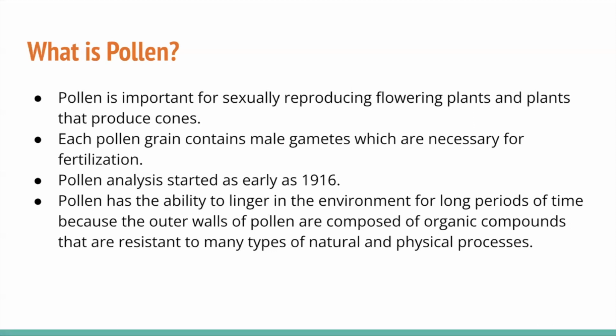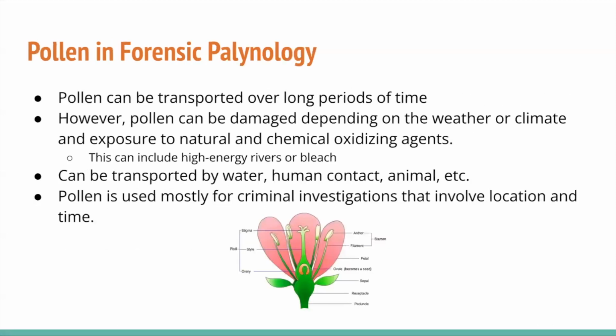So the outer walls of pollen are composed of organic compounds that are extremely resistant to many types of natural and physical processes. And this explains their ability to linger in the environment for very long periods. Pollen, however, may be damaged due to wet or dry climates, like if it rains, or any exposure to natural or chemical oxidizing agents such as rivers or bleach.